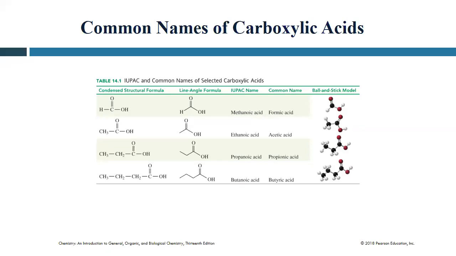So 1 carbon is formic acid, 2 carbons is acetic acid, 3 carbons is propionic acid, 4 carbons is butyric acid. And yes, I do recognize that the IUPAC name and the common name for the 3 carbon acid are really similar, but yet different. Propanoic versus propionic. Can't do anything about that.